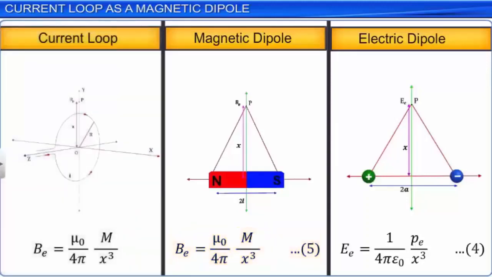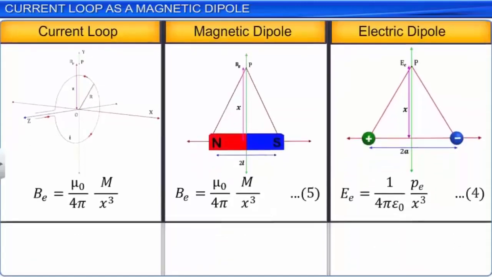Let us make use of the similarity in the relations we have arrived at, while we map the magnetic induction at a point on the equatorial line of a magnetic dipole and the electric field strength at a point on the equatorial line of an electric dipole. Mu naught is analogous to 1 by epsilon naught.